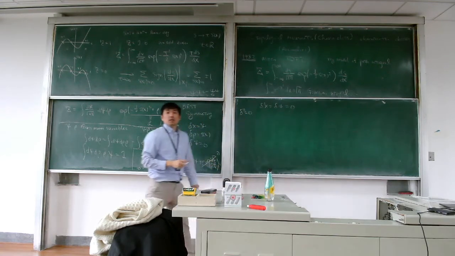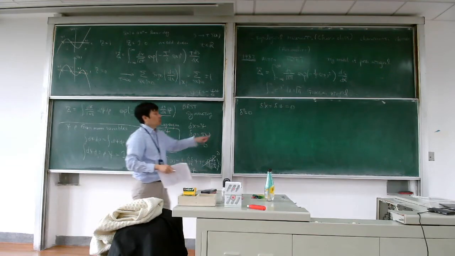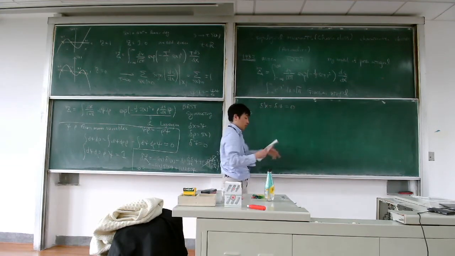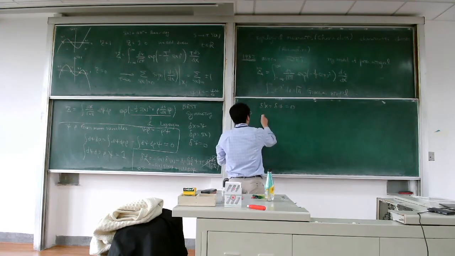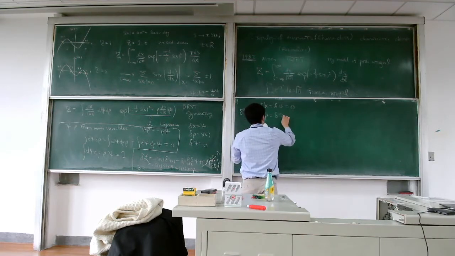Delta square is always 0. So that's called BRST symmetry. So one can check delta square x is delta psi equals 0. The same thing happens for rho. Delta square rho is delta s of x.